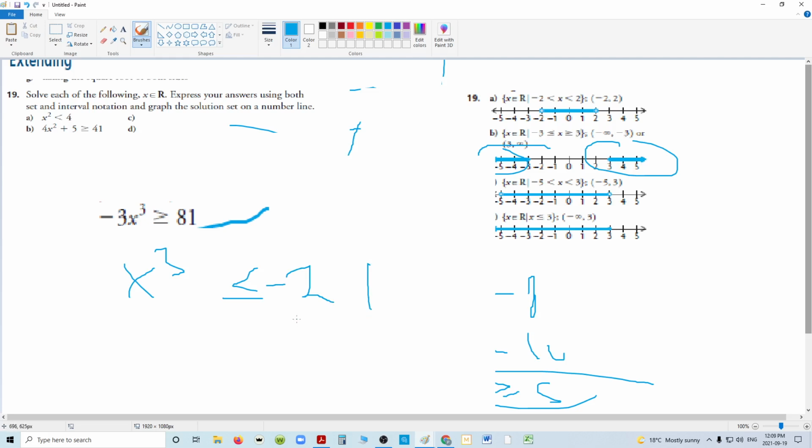And does that make sense? The cube root of -27 only has one solution. There's no positive answer. It's only going to be smaller or equal to -3. And that's what they have here.